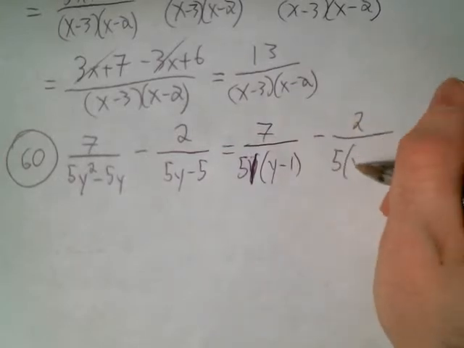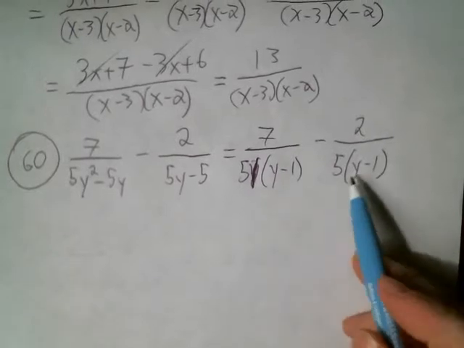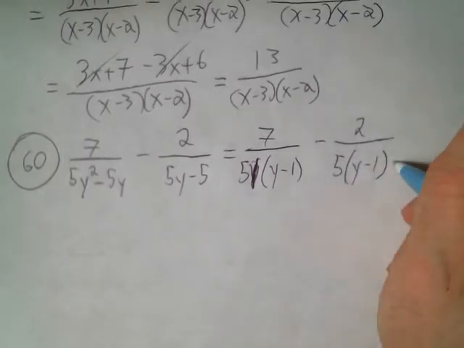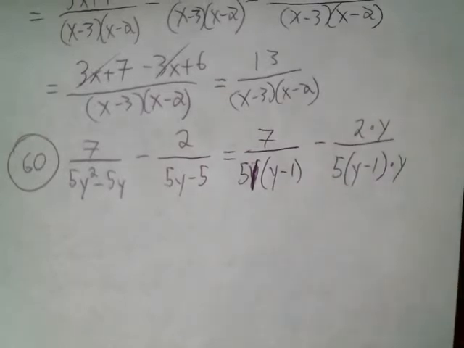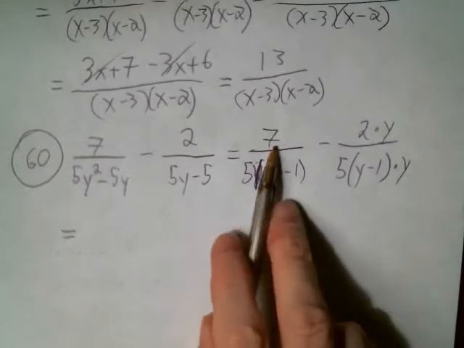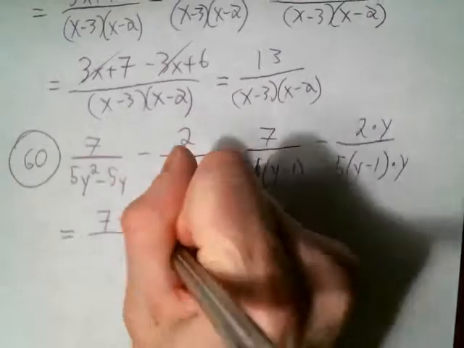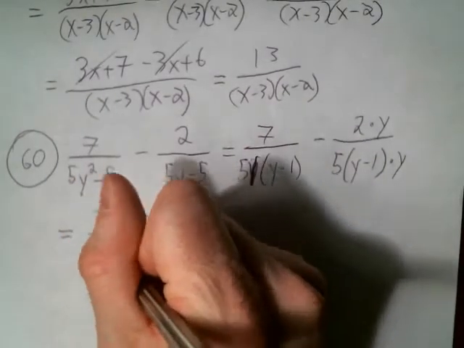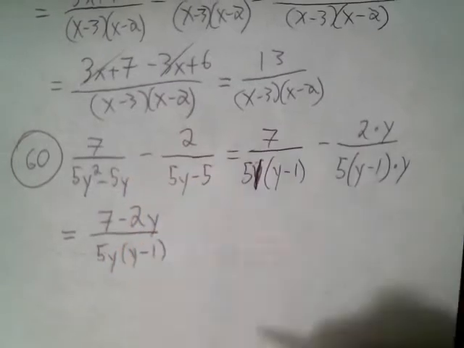You pull a 5 out of the second one. So this denominator is missing a y. Multiply top and bottom by y. And let's just go ahead and subtract the numerators. Let's just go ahead and get it all done over the common denominator of 5y times y minus 1.